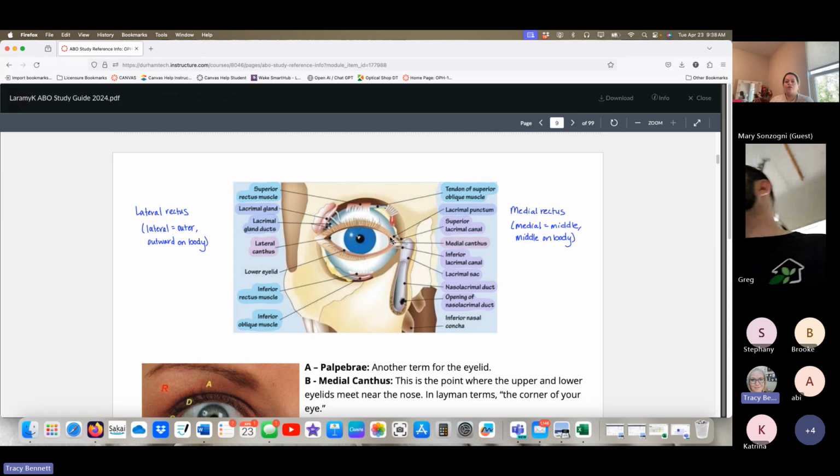You've got an inferior one on the bottom and a superior one on the top. So you have two little canals here that drain that out of the eye.